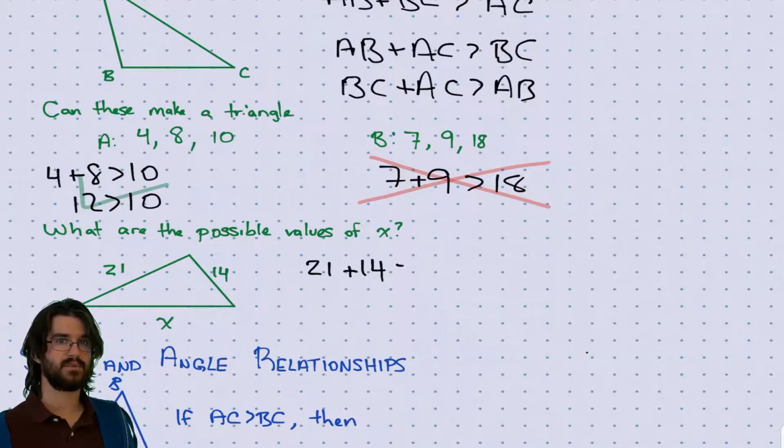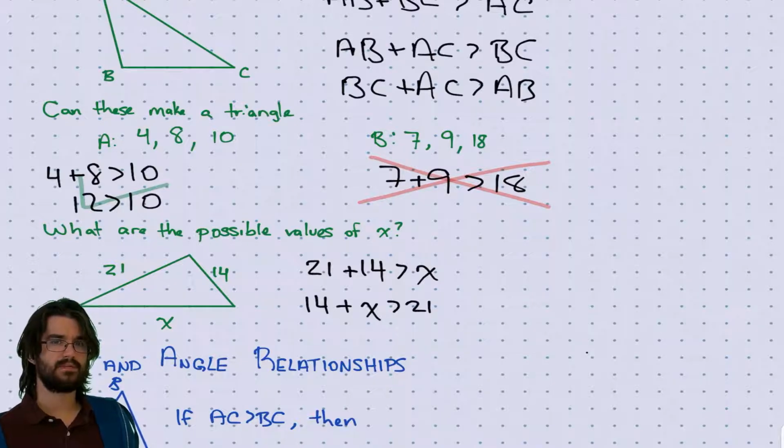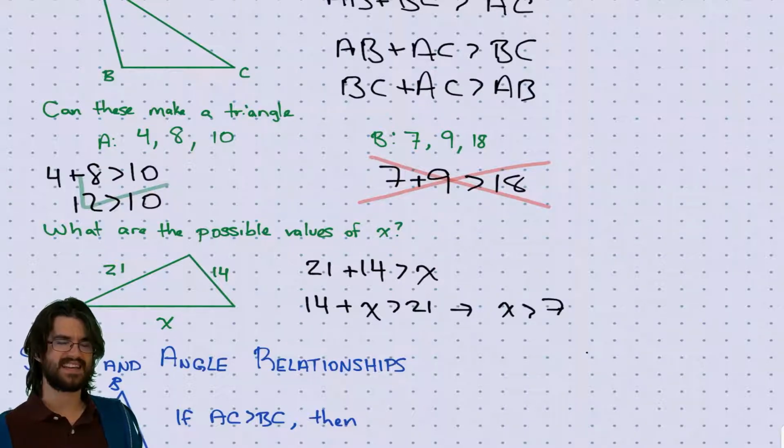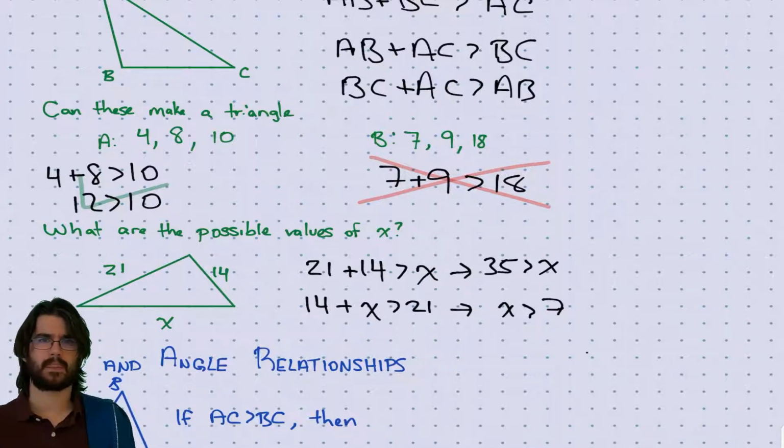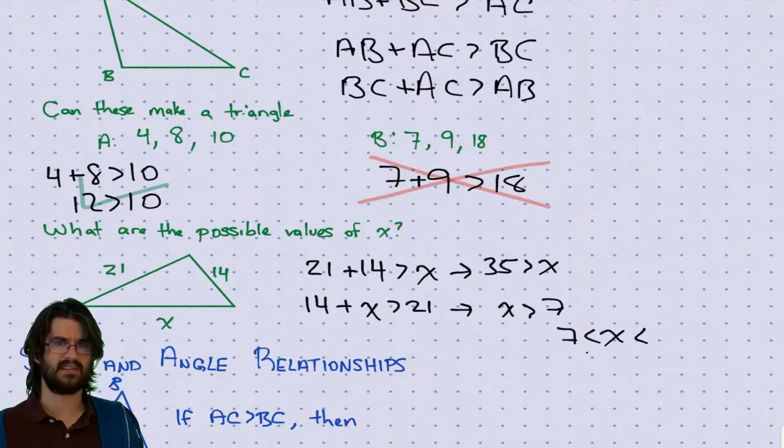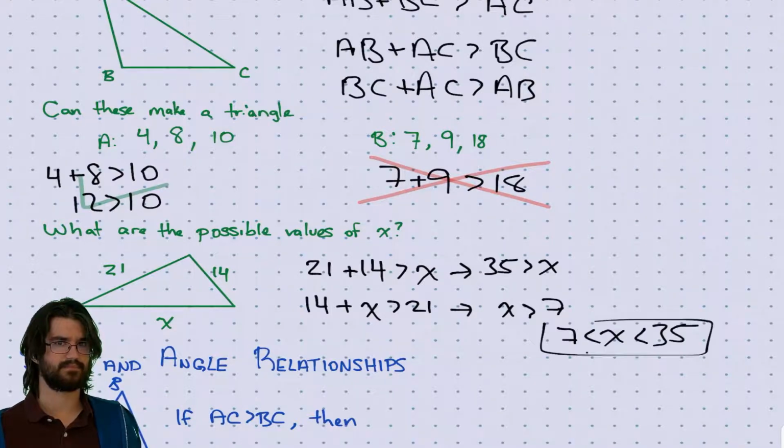I know 21 plus 14 has to be greater than the third side, and I know that x plus 14 has to be greater than 21. So that first inequality tells me that 35 is the biggest my side can be. And the second inequality tells me that 7 is the smallest that side could be. So I don't know exactly what it is, but I know it's somewhere between 7 and 35.